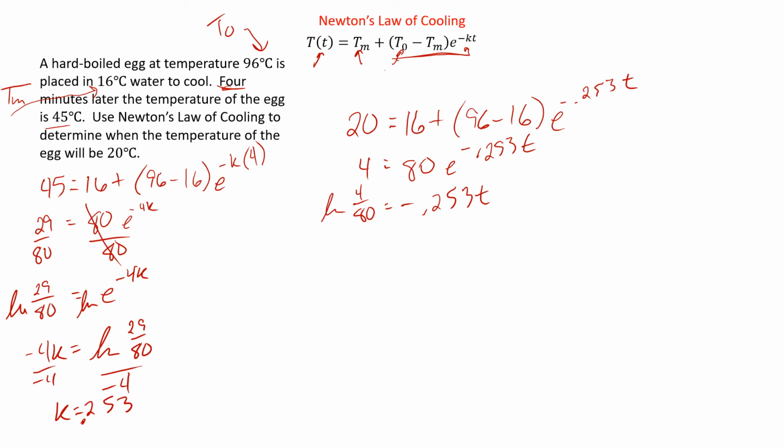You have natural log of 4 over 80 divided by, go up to that last line, plug that in. So we get t equals about 11.81 minutes. So after 11.81 minutes, that egg is going to be 20 degrees Celsius.